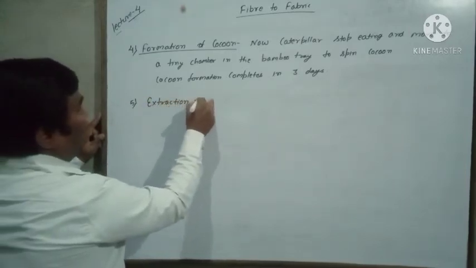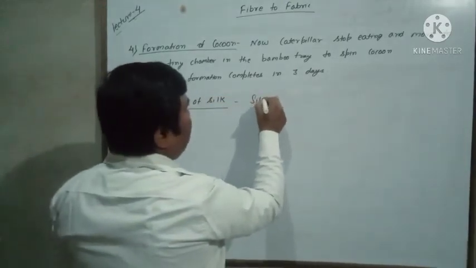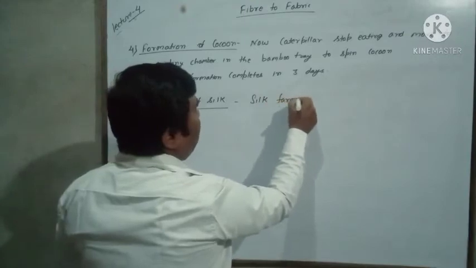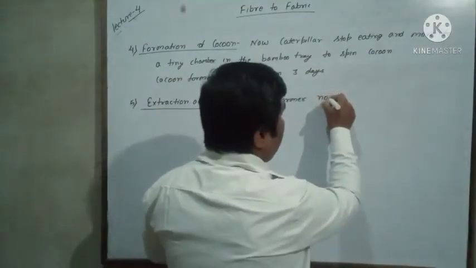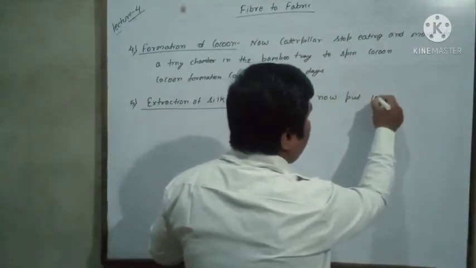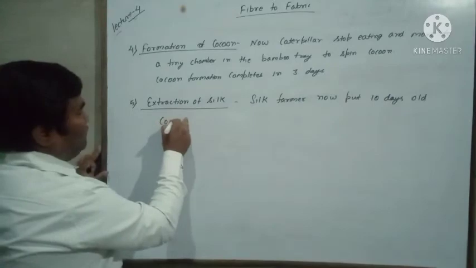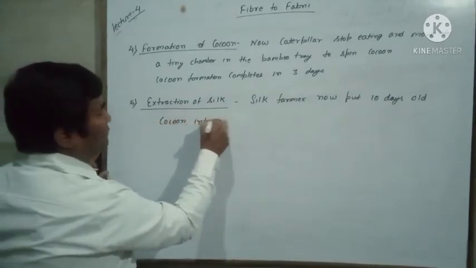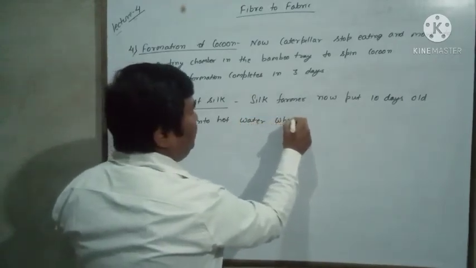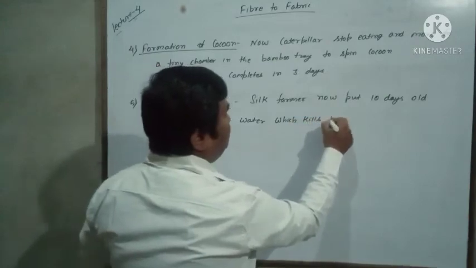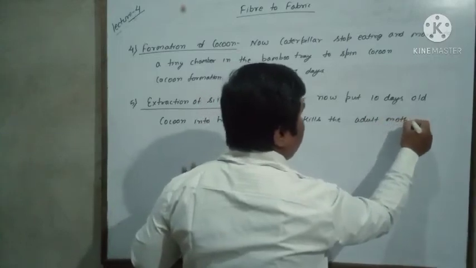extraction of silk. Silk farmer means the person who is doing sericulture. Silk farmer now puts 10 days old cocoon into hot water, which kills the adult moth.